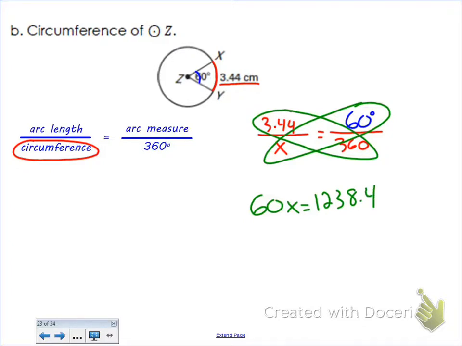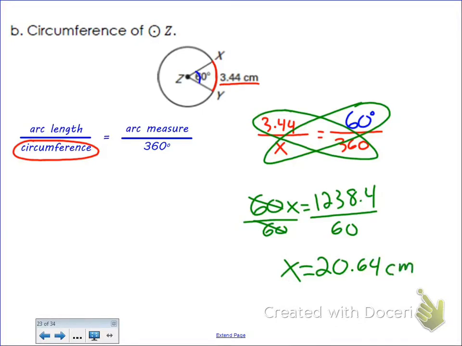And then last but not least, divide by 60. The 60s are going to cancel, and x is going to equal 20.64. We want to make sure we give it a proper label. We're finding a circumference, and we're given centimeters as my unit of measurement. So go ahead and label that with centimeters, and that's going to be my answer.